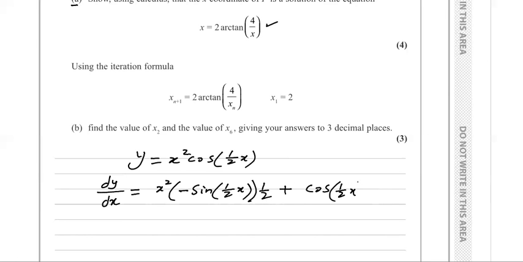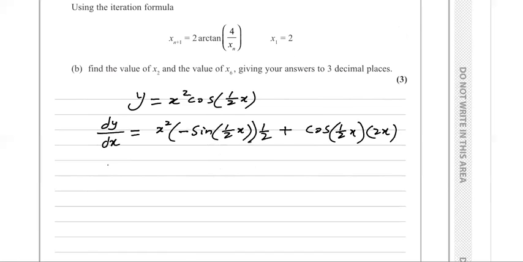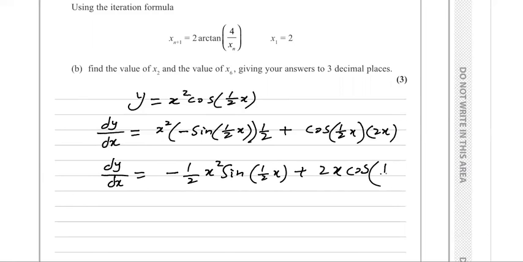Now the derivative of the first function x square is 2x. So from here I will have dy over dx equals, now I can write it in the simplest form. It will become minus 1 over 2 x square sine of 1 over 2x plus 2x cos of 1 over 2x.